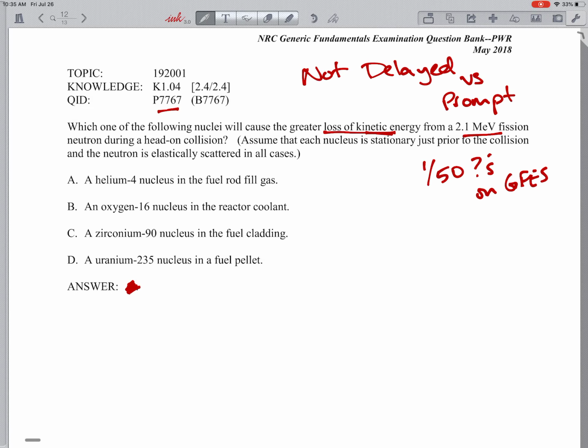If a little bitty neutron comes in and hits something small, bang, the target is going to go flying, and the neutron loses a lot of kinetic energy.